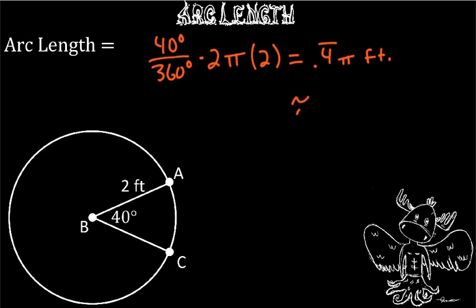And if we give that as an estimate, we have approximately 1.396 feet. So what we're saying is this distance right here from point A to point C along the circle has length 1.396 feet.